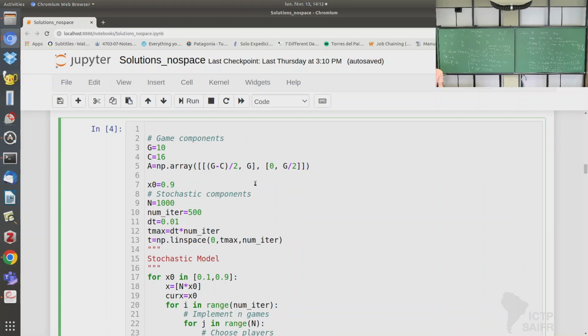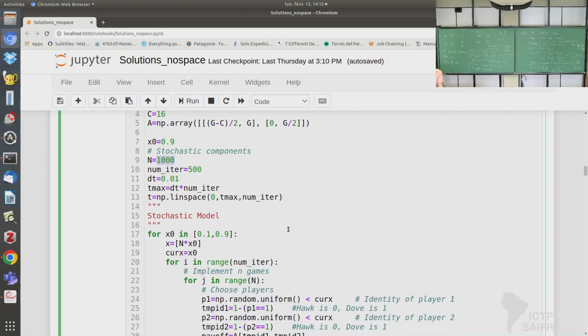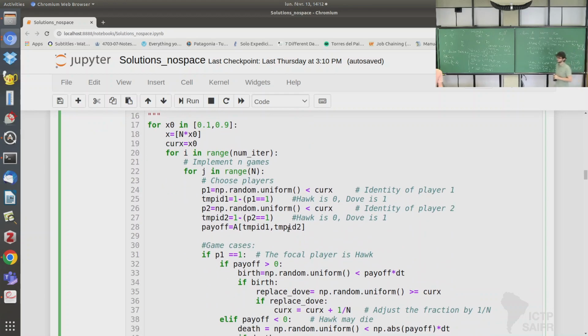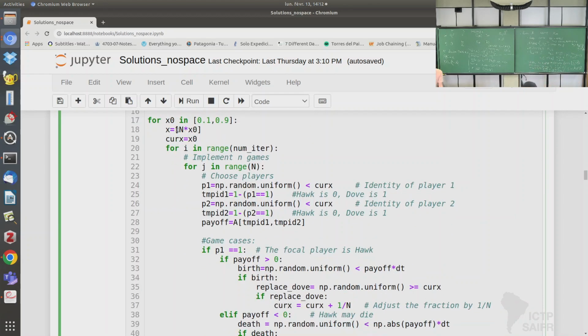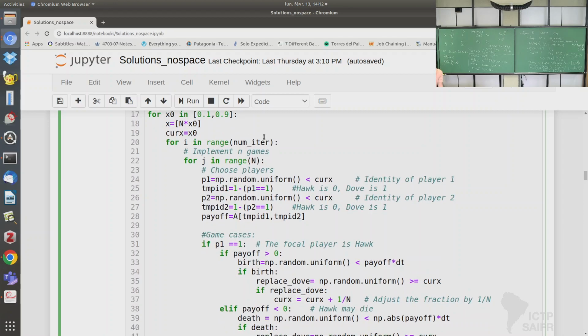Essentially, here we are parameterizing our problem just as we were doing in the situation before, with the deterministic system. We have an extra component now that is the size of the population, since now it's a finite population. And here you're trying to cycle over initial conditions because of the specific problem that was given.